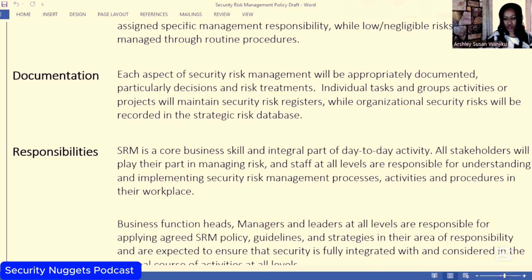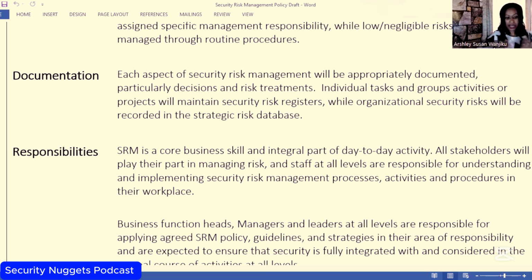Documentation is very crucial for a security risk management program, okay? Documentation plays a huge role. It is also part of recording. All right. So recording and documentation is a very critical aspect when it comes to the existence of a security risk management program. Everything has got to be recorded. Everything has got to be documented, particularly for reference purposes and monitoring and review purposes.